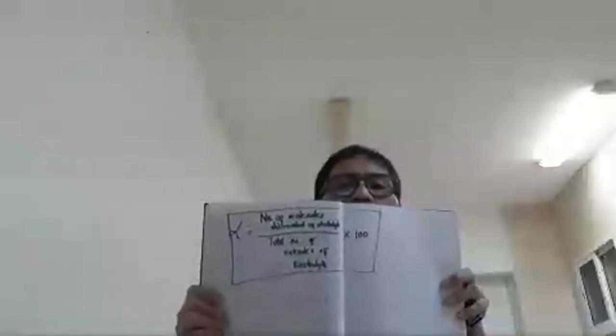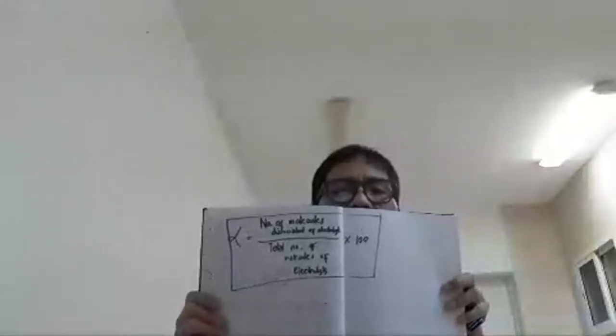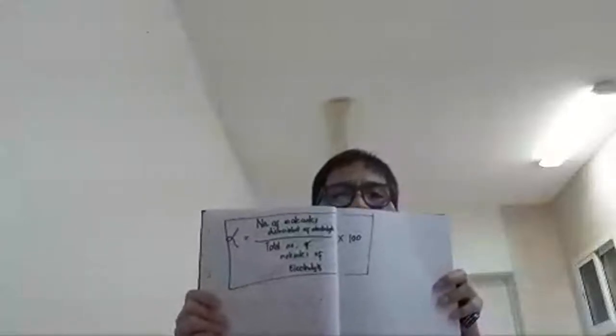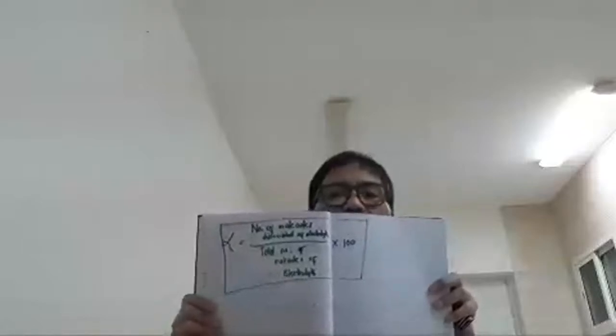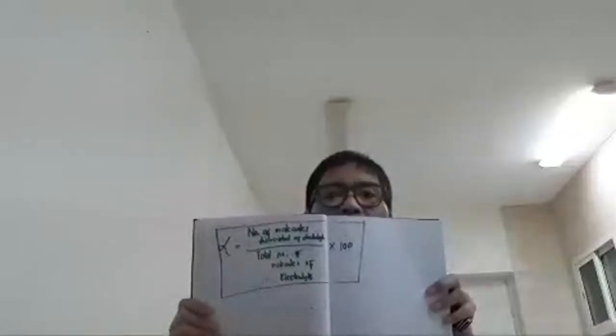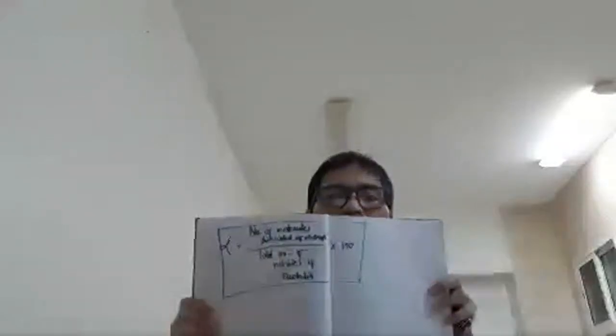Dissociated molecules of an electrolyte over the total molecules of an electrolyte. Something like that. When you speak about an electrolyte, it undergoes an ionic bond. So automatically there will be a reaction between the negatively charged particle and the positively charged particle.